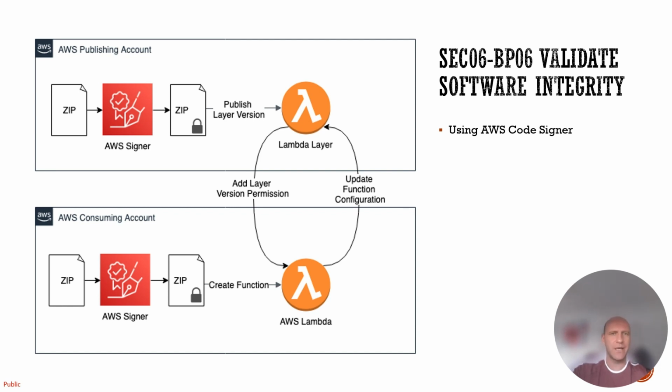You can also integrate with CloudTrail, which helps you track who's generating code signatures and meet your compliance requirements. So that's a very important task if you are in an organization that creates and ships code: how you can validate the integrity of the code that you are creating.